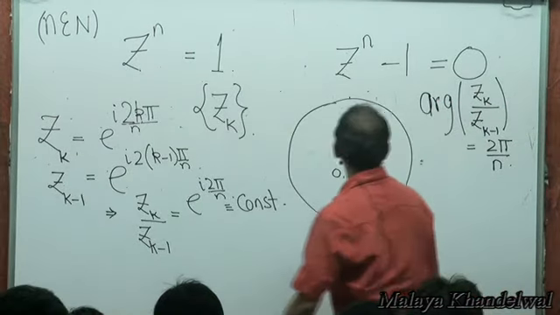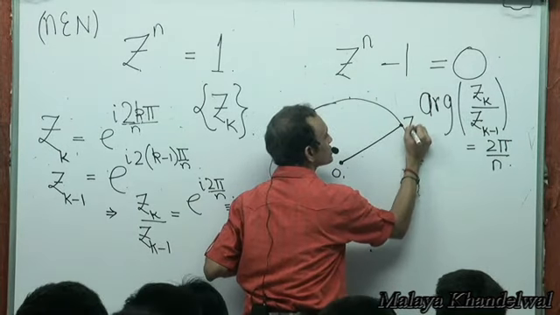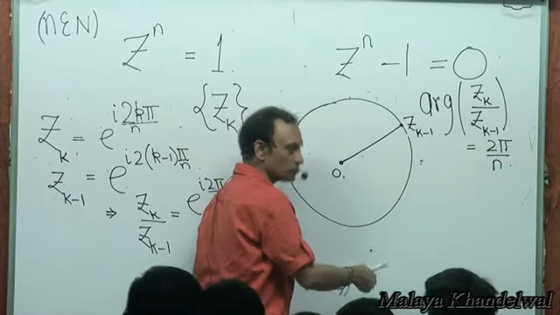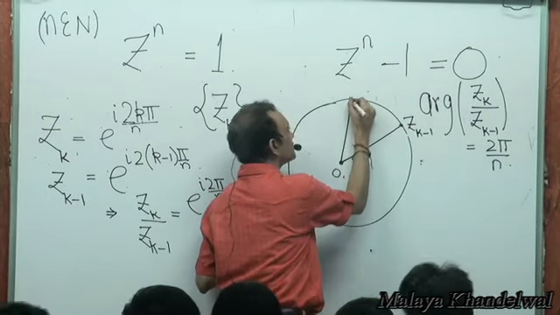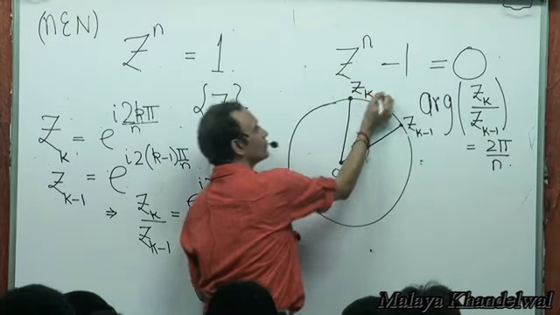That means, say, zk minus 1 is located somewhere here on this unit circle, and zk is located somewhere here.